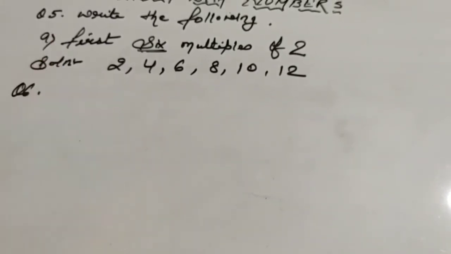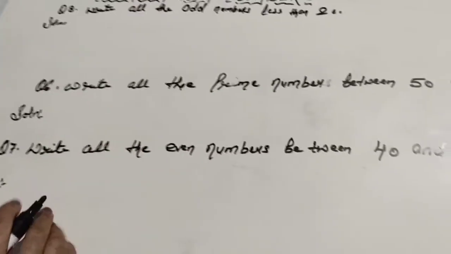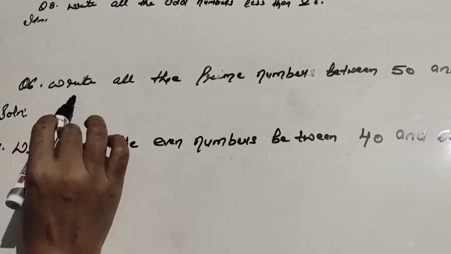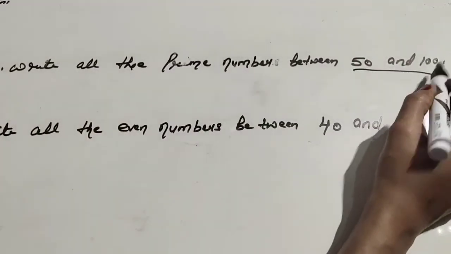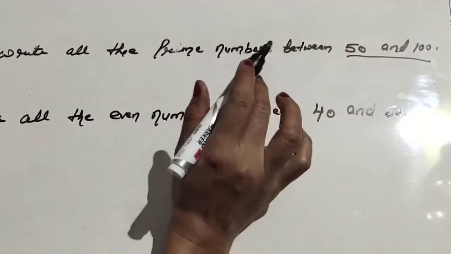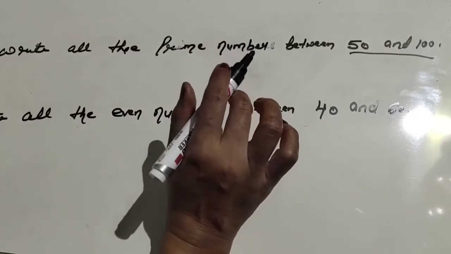Now move to question number 6. Question number 6 is given: write all the prime numbers between 50 and 100. You know that prime number means divisible by 1 and itself.